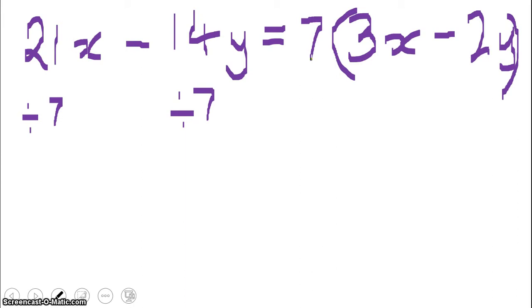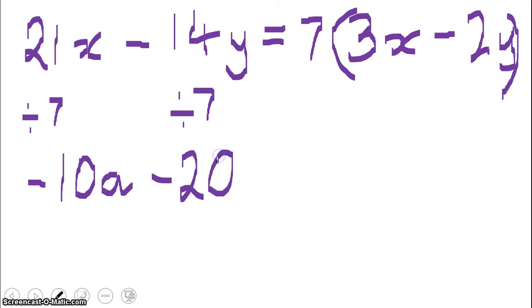I'll do 2 more. We'll have a go at minus 10a minus 20. So in this one, what would I divide by? I've got 10 and 20. I reckon they're both going to go into 10. So we're going to divide them both by 10. Our negative stays the same. So we can either put the negative in or out of the brackets.